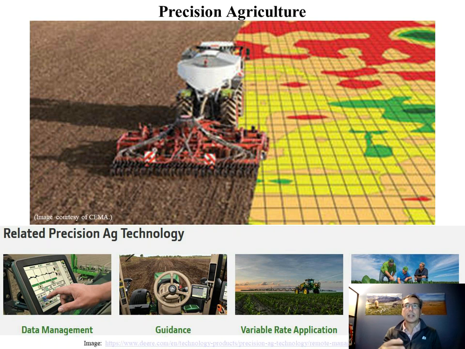And if you understand the variability within a field, you can manage that variability much more efficiently by applying higher levels of fertilizer where the crop has a higher potential to grow, and reducing fertilizers in areas where there's less potential for growth. So that would be a great example of precision crop management.